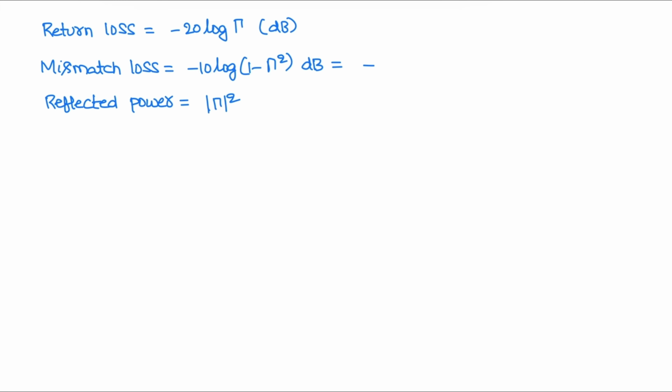Now the mismatch loss in the transmission line is minus 10 log of (1 minus 0.3 squared), given gamma is 0.3. On calculation, its value is 0.4095 dB, which can approximately be written as 0.41 dB.